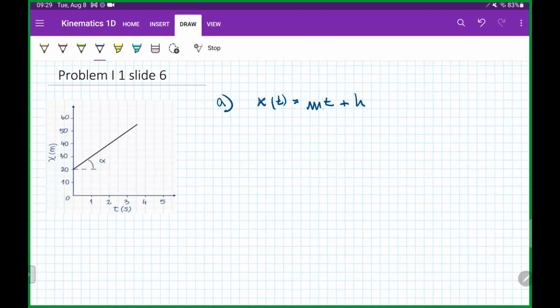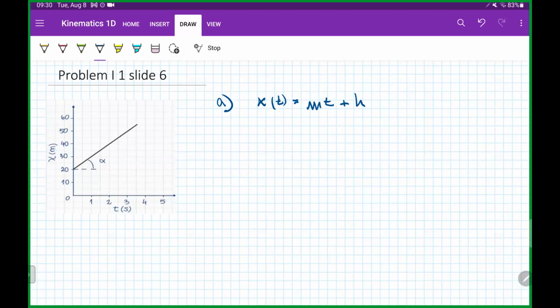We have our variable, which is time, t, and we have the slope of that straight line, and we have some displacement, which is h. And if you remember from math class, that displacement is representing the offset that we have with respect to the x-axis.